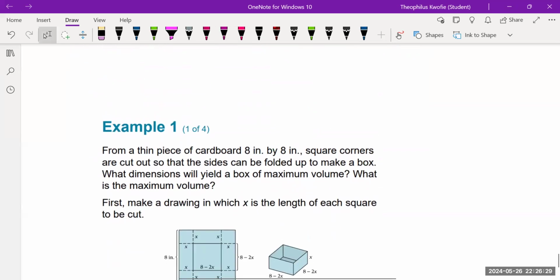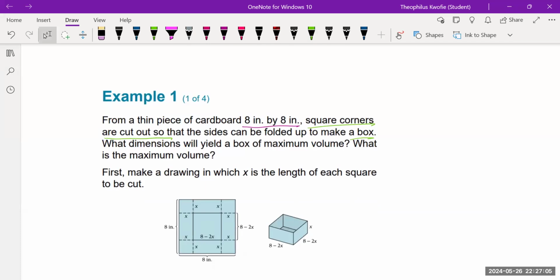So we have a cardboard that measured 8 inches by 8 inches, and it is said that square corners are cut off so that the sides can be folded to make a box. So let me underline those keywords. Now, the question says, what dimensions would yield a box of maximum volume, and what is the maximum volume?